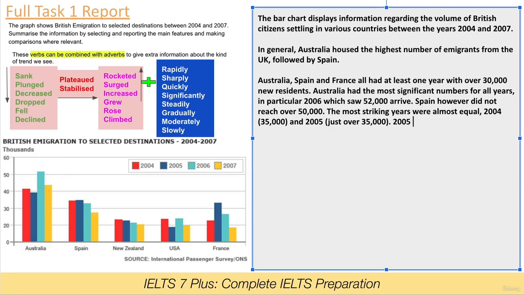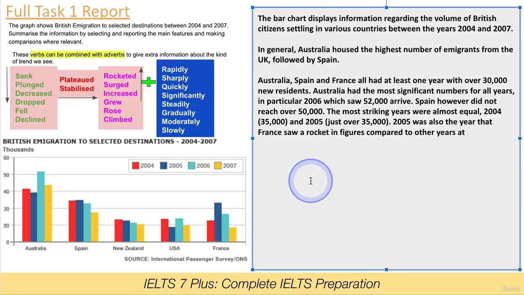So 2005 was also the year that France saw a rocket in figures compared to other years at, maybe 33.